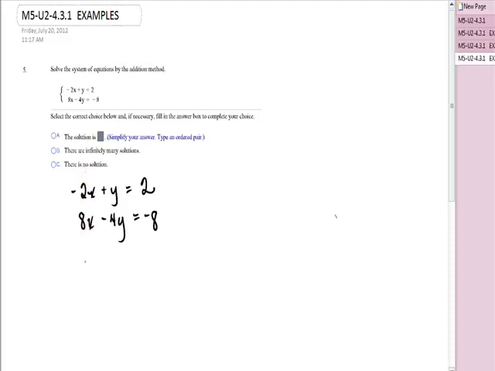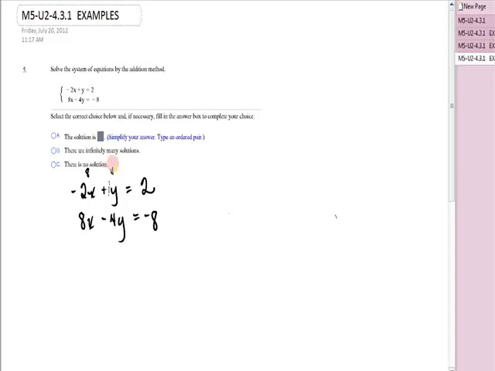The x's, the least common multiple is 8. I would have to multiply the top equation by a 4 to turn those into 8s. That wouldn't be bad. Second one, because this is a 1, the least common multiple here is this number. It's 4. I'm not worried about the sign yet. To get this 1 to become the opposite of this, I would just multiply by 4.